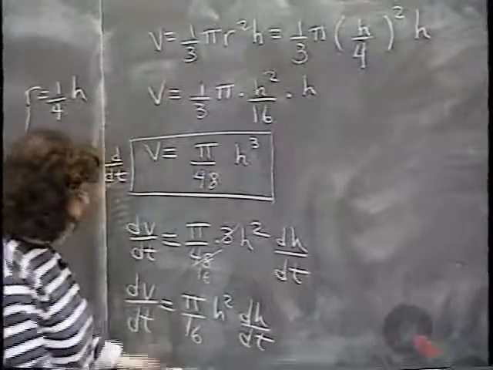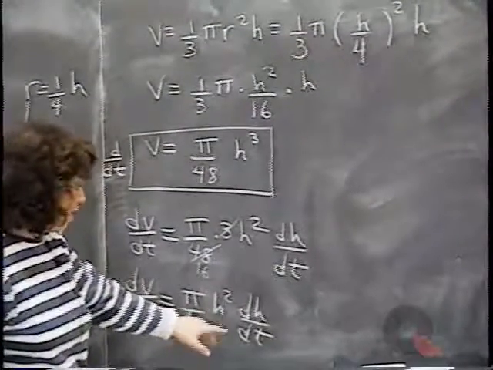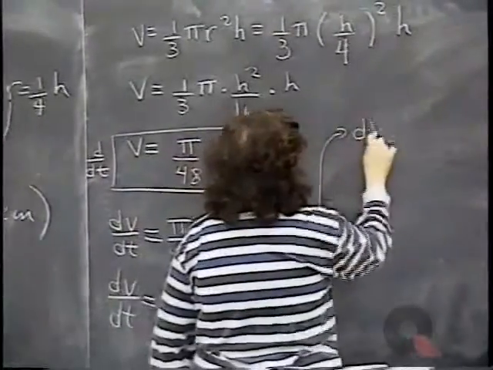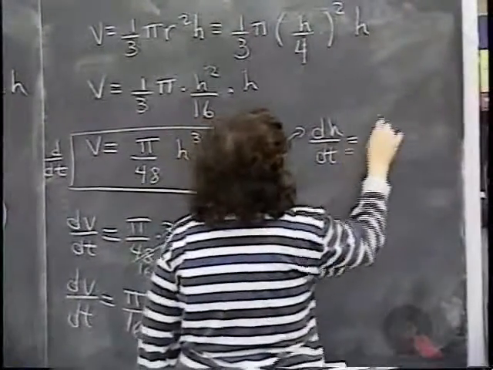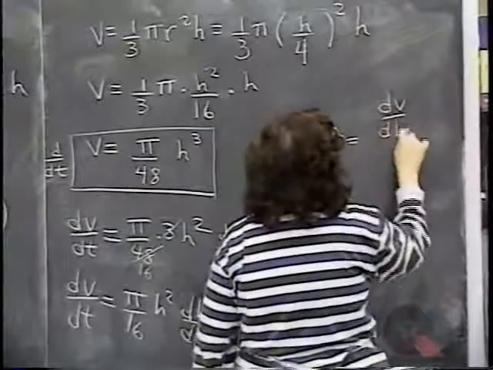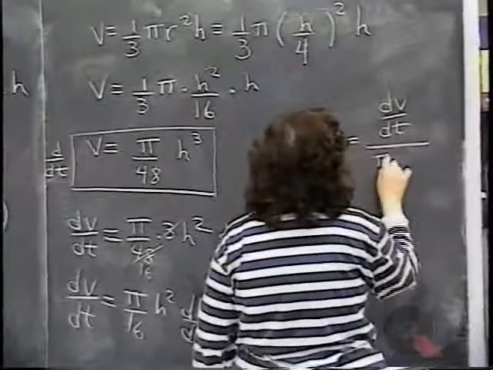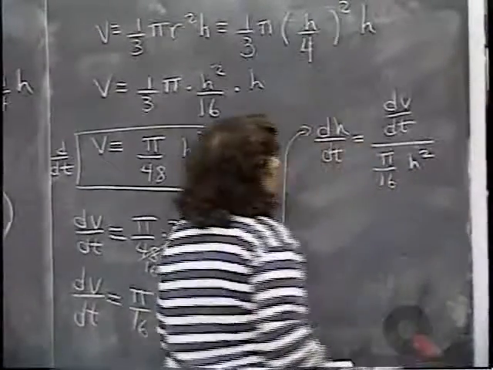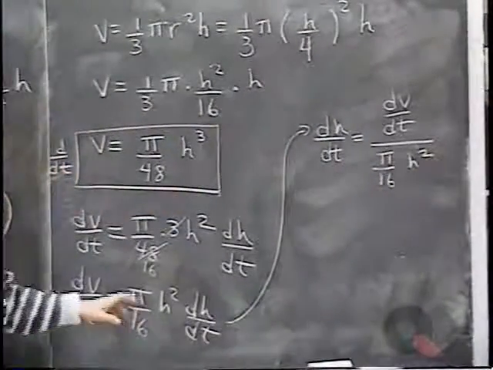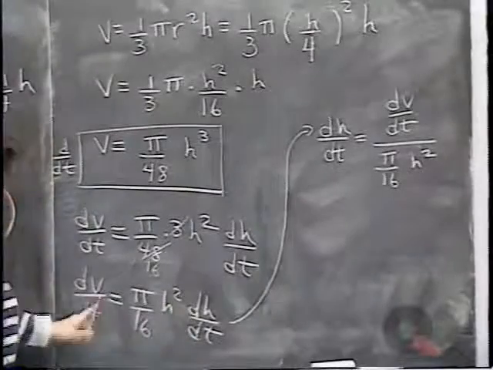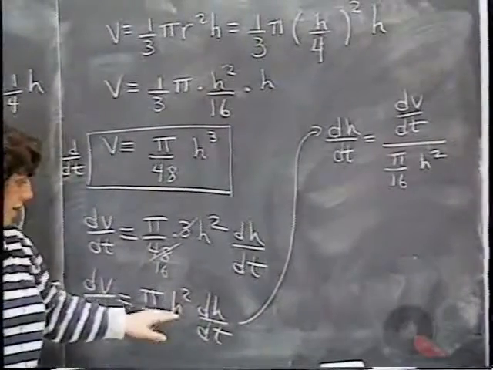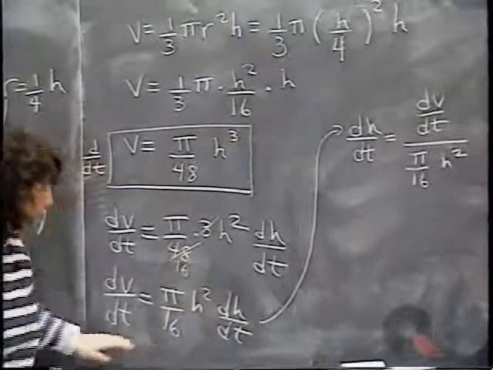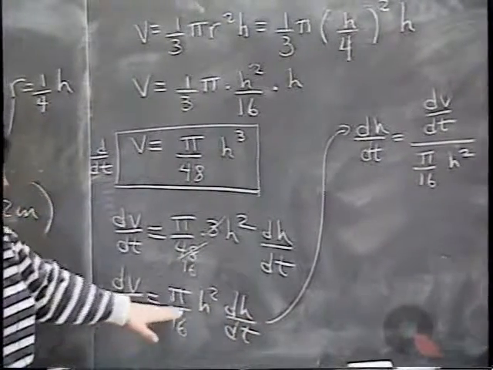Okay, so dividing both sides by pi over 16h squared, dh/dt is equal to dV/dt over pi over 16h squared.